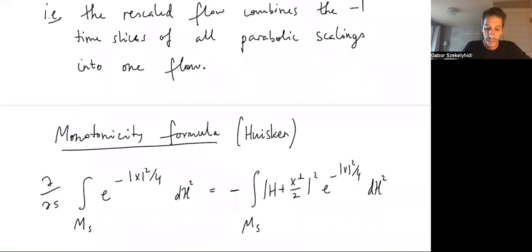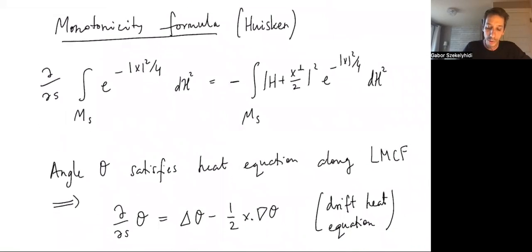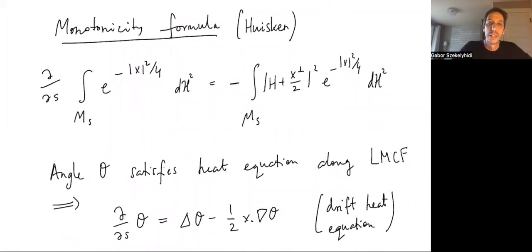Okay. And there's this crucial monotonicity formula due to Huisken. Along the usual mean curvature flow, you have a kind of heat kernel factor that's changing scales. Along the rescaled flow, it has a simpler version. If you look at the time slice M_S, you look at this Gaussian area, then the monotonicity formula says that this is decreasing. And in fact, the derivative is given exactly by this quantity.